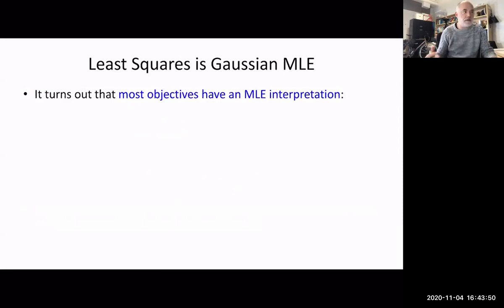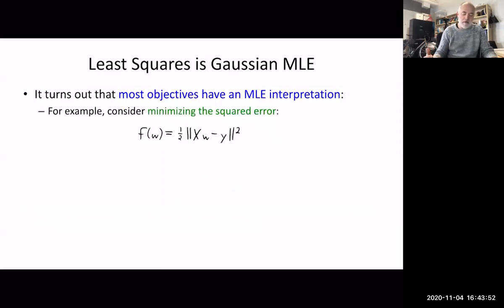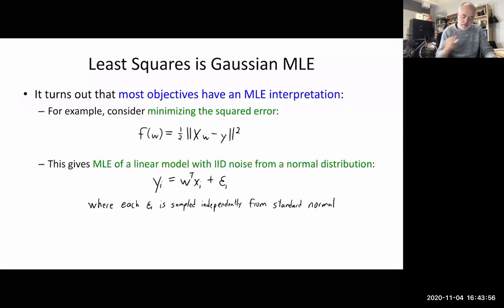For us, it turns out that most of the objectives that we've talked about have a maximum likelihood interpretation. In particular, minimizing the squared error that we've talked about is the maximum likelihood estimator for a linear model with IID noise that we assume comes from a normal distribution. You can write this down in a whole lot of different ways.